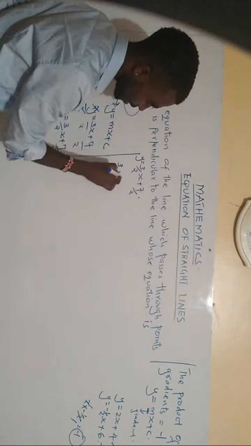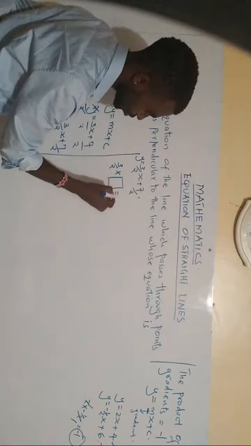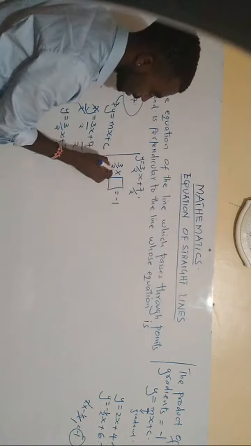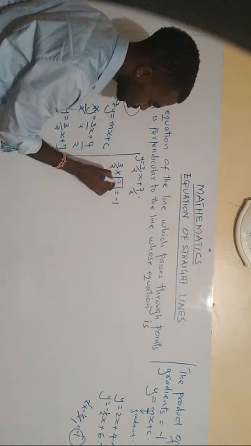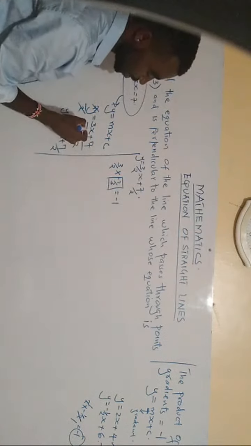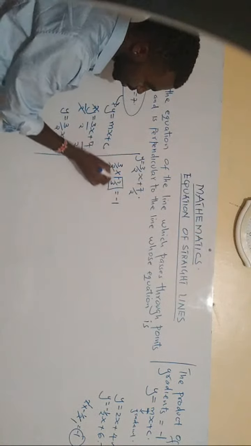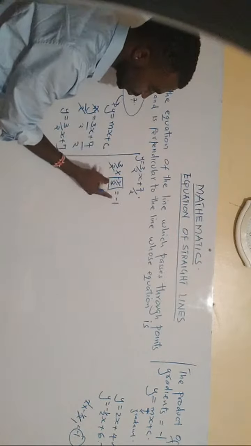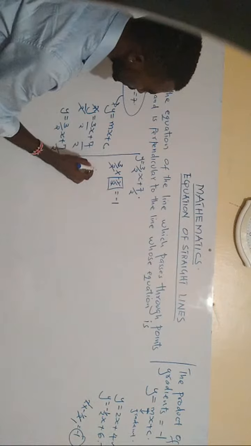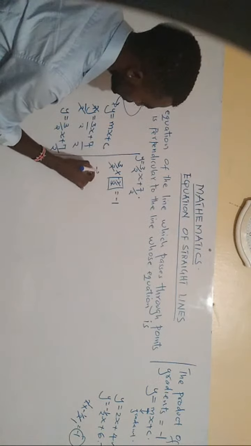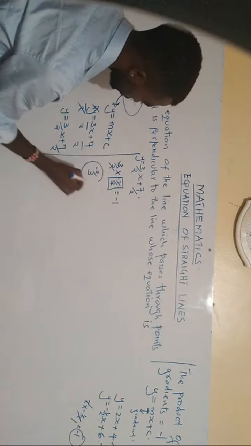When you multiply with the gradient of the other equation in question, the product should be -1. So we just interchange this fraction and it will be -2/3. When you cancel, you get -1. So the gradient of the other line is -2/3.